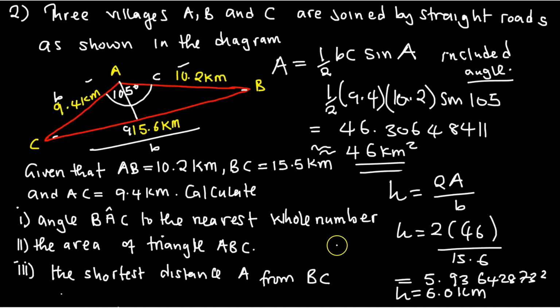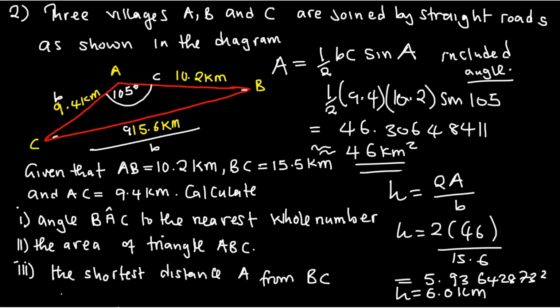So please make sure you followed through, and if you have any problem, feel free to go back to the first part. You pause the video where you do not understand. So this is what you need to know about cosine rule. Any of these two that I've explained, you are going to encounter in an exam.